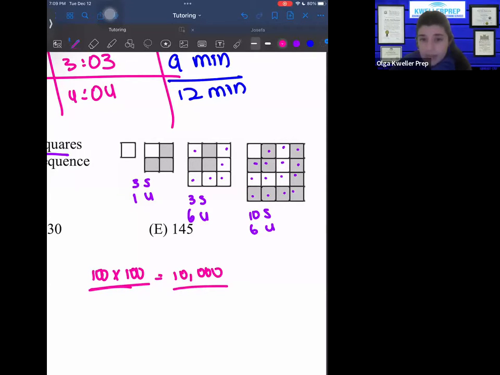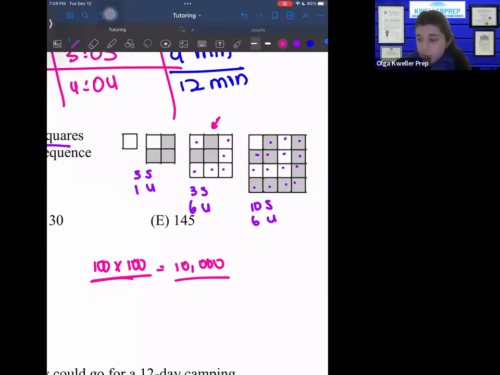So it would be crazy to add it all up. So we can start looking at an even number, right? Because this is an odd number square, 3 by 3, 9. But we're ultimately interested in an even number square, 100 by 100. So we can look at this one and we can look at this one to try to figure out our pattern.